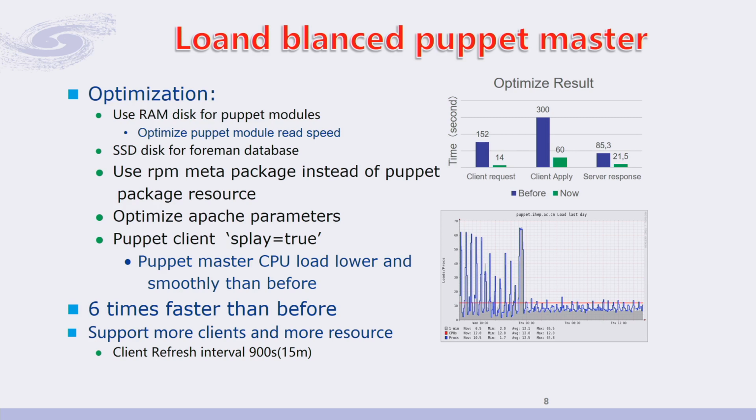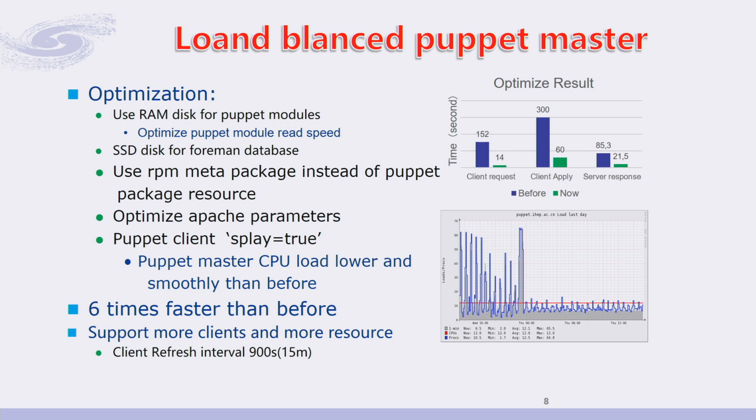And use an RPM meta package instead of Puppet package resources, because for each Puppet client we set up 1,000 packages to install on the client.